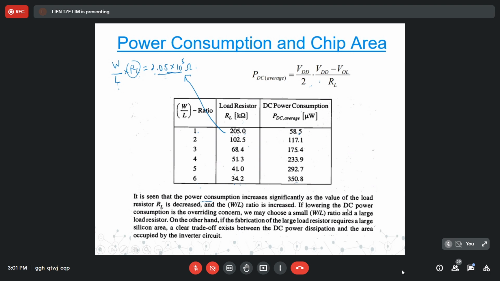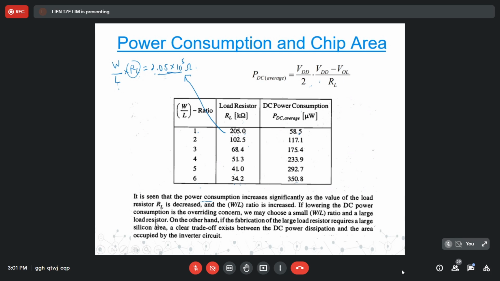If lowering the DC power consumption is the overriding concern, we might choose a small width over length ratio and a large load resistor. A large load resistor can have a low power consumption and also a small width over length ratio.